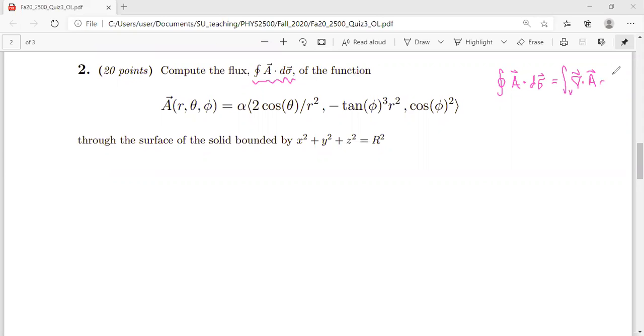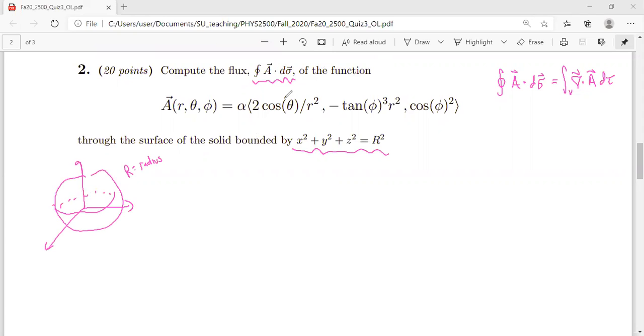I'm skeptical that I will need to use this because this function actually looks pretty grubby, and I don't think the divergence, especially because the divergence would need to be expressed in spherical polar coordinates, might help me. But before I make that choice, I'm going to write down what this surface that I'm integrating over is. So I have the surface x squared plus y squared plus z squared is r squared, which is the surface of a sphere of radius r.